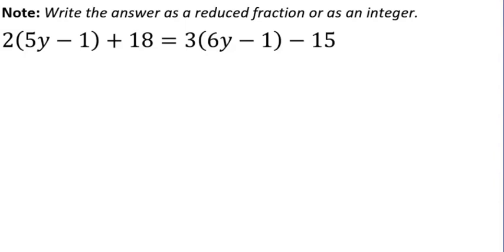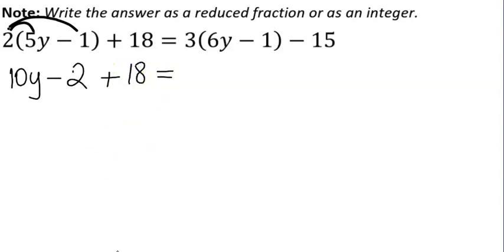Get rid of parentheses, right? Yes. How? Distributive property, right? I'm going to apply the distributive property here. So 2 times 5 and 2 times 1. So this will be 10y minus 2 plus 18. 18 I just put down.